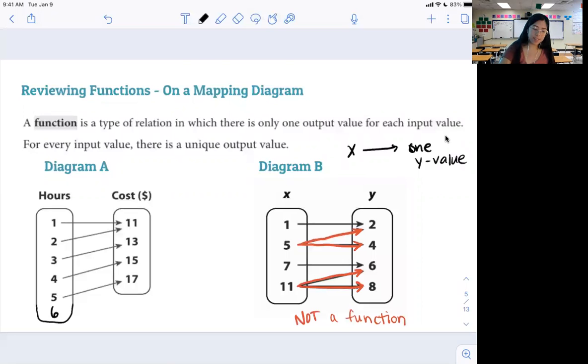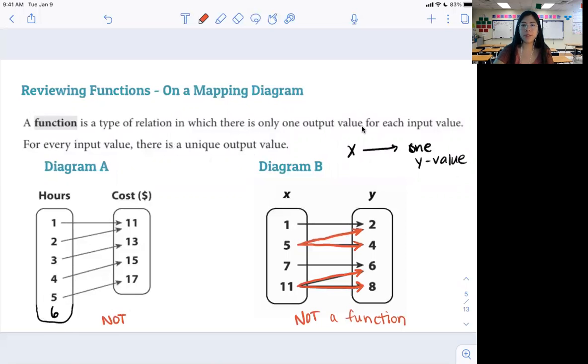So the answer is this would not be a function anymore. Because like Lauren just said, it needs to have an output. Look what it says, every input value has a unique output value. There has to be one. Since this 6 is not going anywhere, does this have an output value? No. But what's the definition?